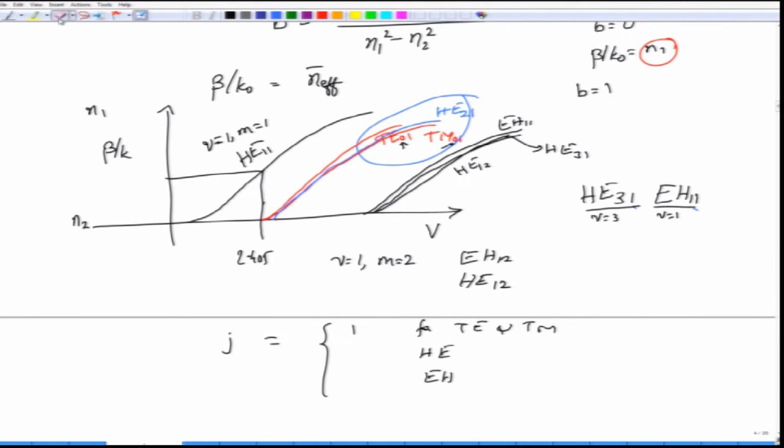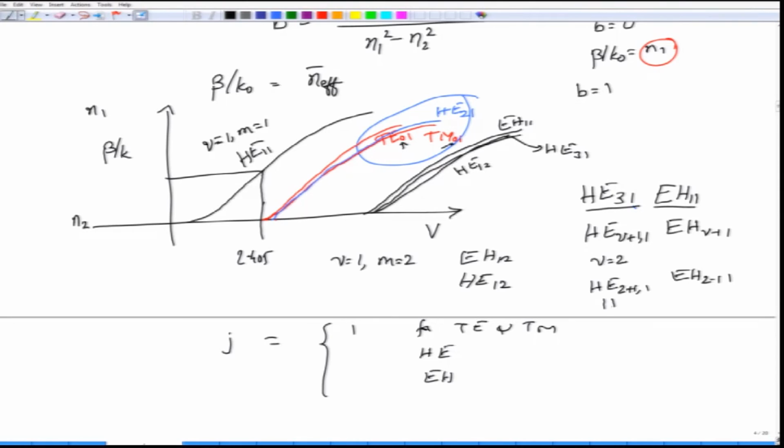So, let me not write nu equal to 3 here, although that is nu, but if I consider the coupling and then say HE nu plus 1 comma 1 and EH nu minus 1 and 1, if I couple these two modes and set nu equal to 2, I get HE2 plus 1 1 and EH2 minus 1 and 1.